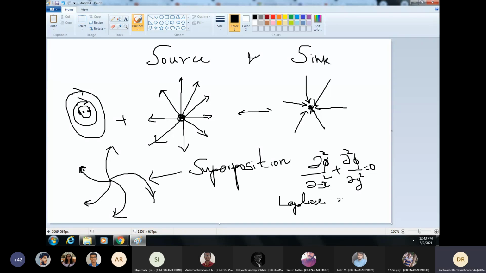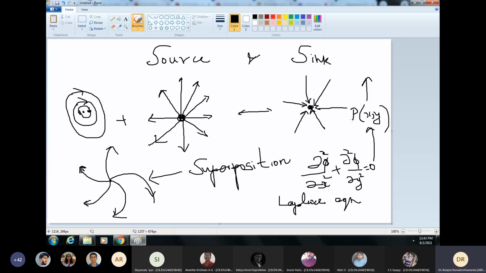You already saw that the right hand side is not 0 but a function of x and y. What is it known as, Shyamala? I told you in grid generation, just to give you a clue. We looked at elliptic grids, which are solutions of the Laplace equation.